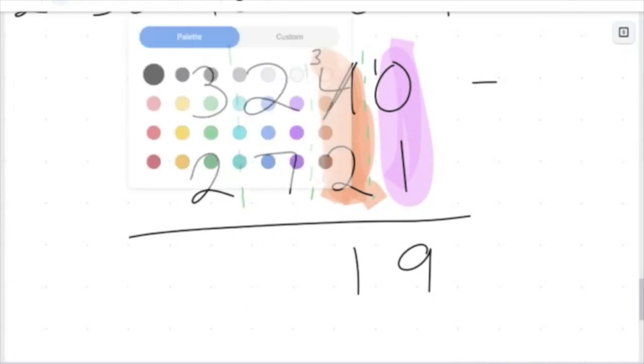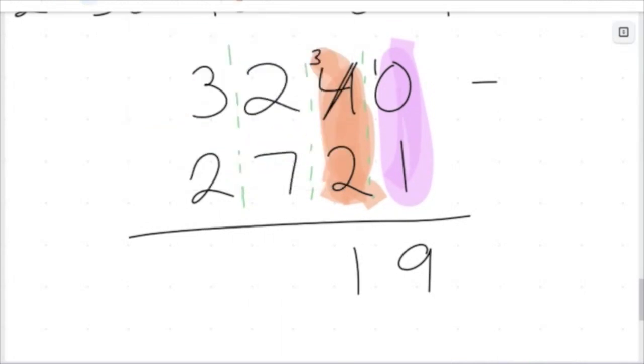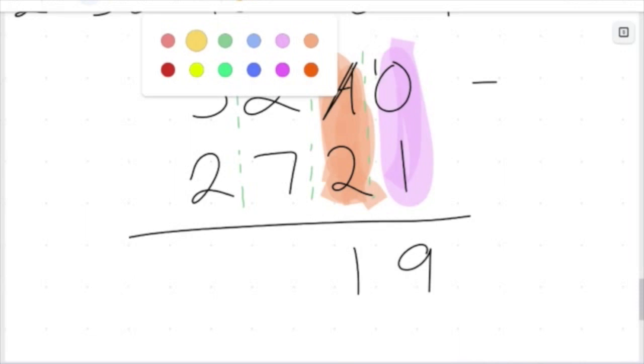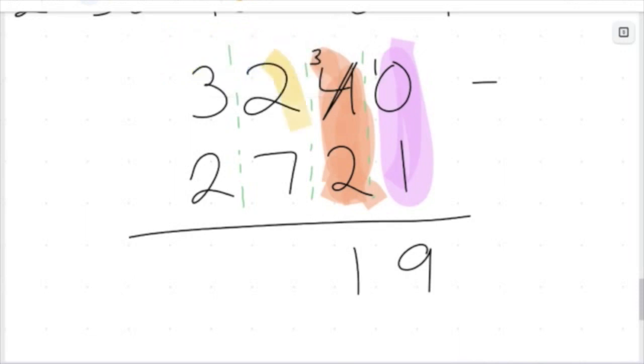And here, let's just color code this so we can really get a feel for how all of these columns are different. Now, I'm working with my hundreds here. I'm minusing, once again, a bigger number from a smaller number. So I'm minusing 7 from 2, or 700 from 200. I'm not going to be able to do this without borrowing something from my thousands column.